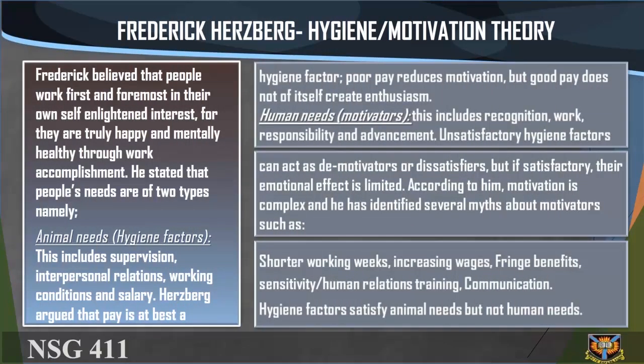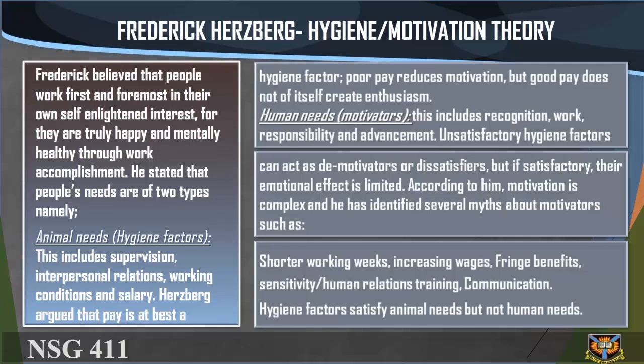Frederick Herzberg, hygiene or motivation theory. Frederick believed that people work first and foremost in their own self-enlightened interest, for they are truly happy and mentally healthy through work accomplishment. He stated that people's needs are of 2 types, namely 1.